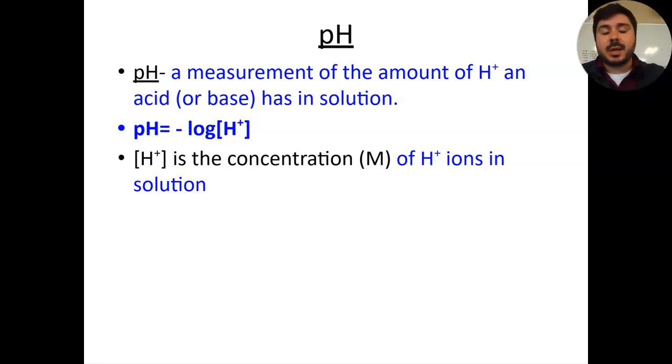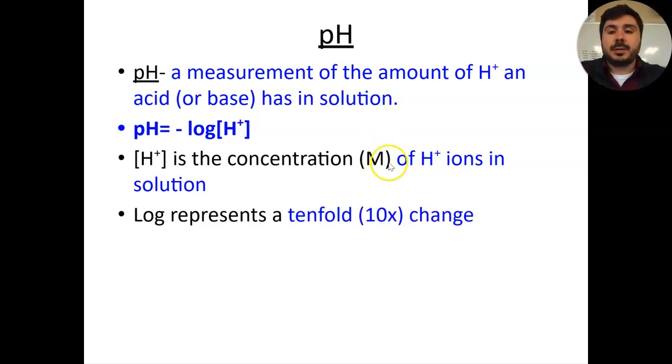I said in class that day, hey guys, something we'll learn very soon is that whenever you have a set of brackets around something, it's just a very shorthand way of saying the concentration of whatever's inside your brackets. So if we've got an H plus here in brackets, all we're saying is we're talking about the concentration of H plus ions. That's, of course, measured in molarity, capital M, which is the molarity we dealt with back in chapter 13.